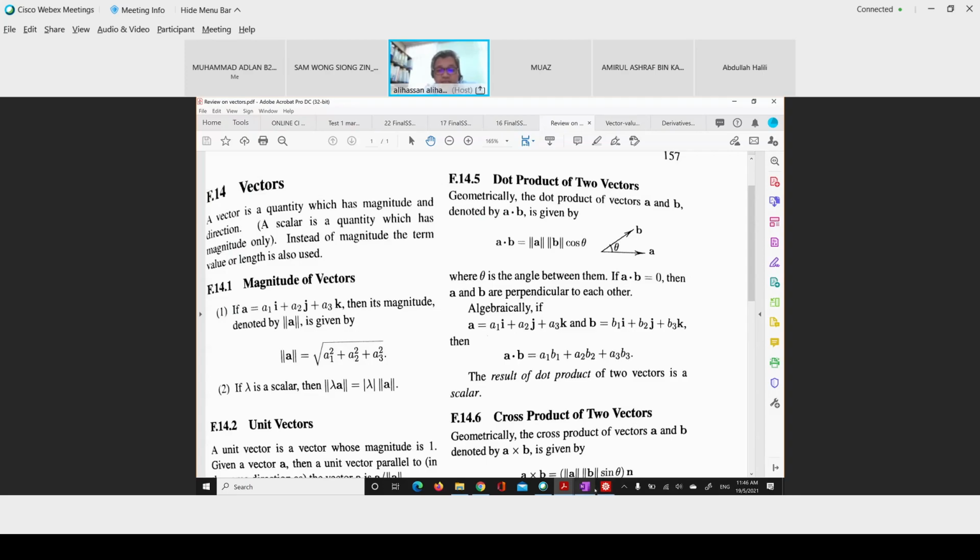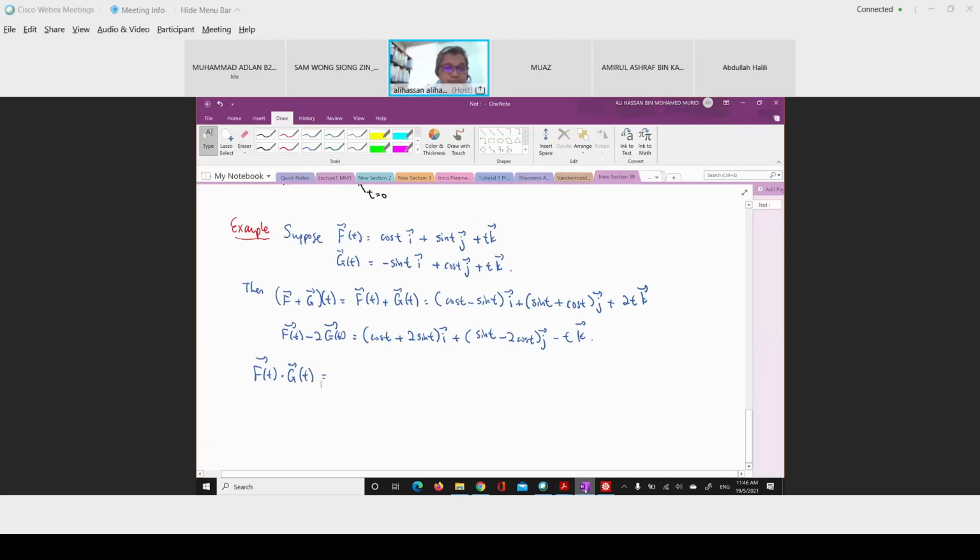So using the same idea, we have cosine t times minus sine t, so minus cosine t sine t, plus sine t cosine t plus t squared.